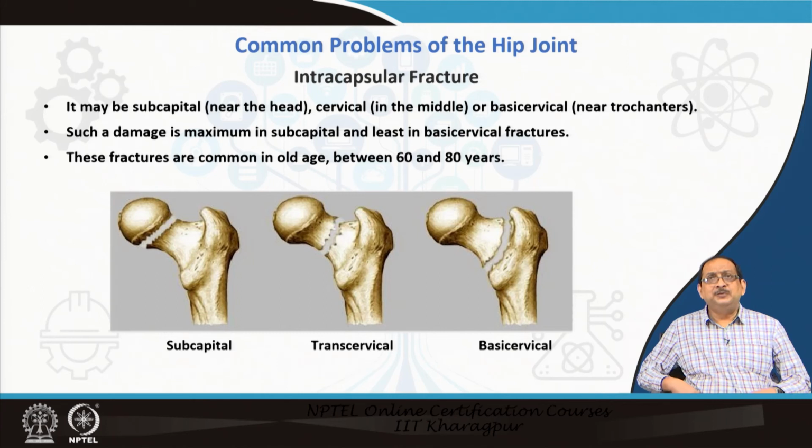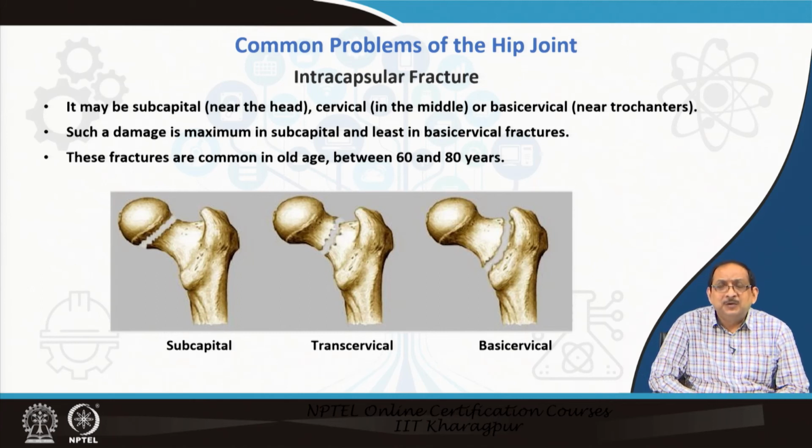Let us come to the second part of the lecture, which is on the common problems of the hip joint. The common problems of the hip joint are fractures. So, let us discuss first the intracapsular fracture.